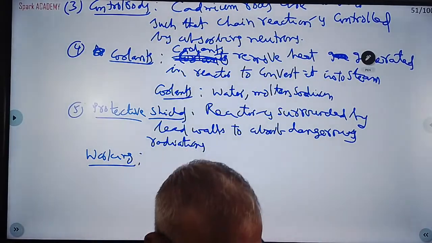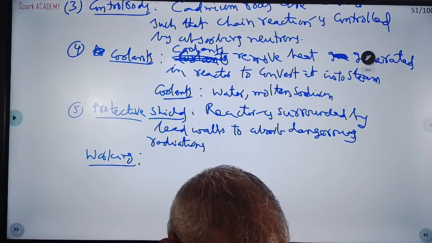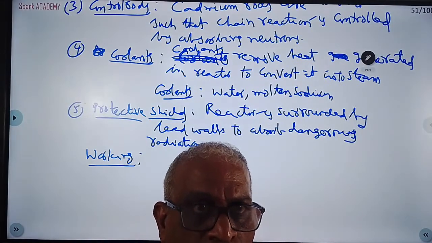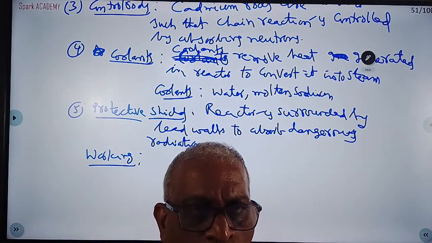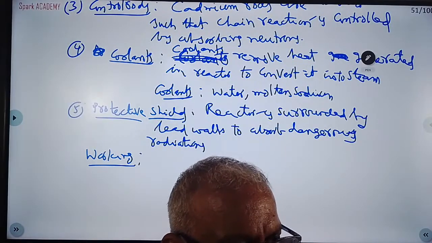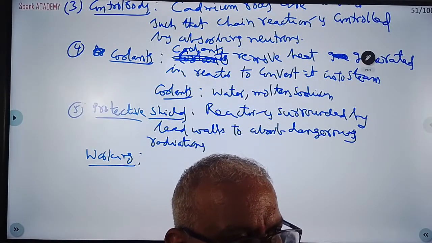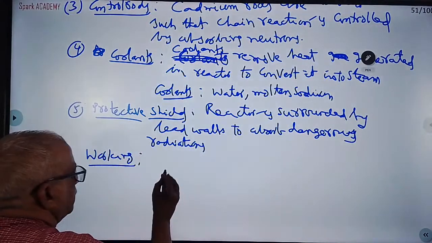Same together. Uranium fuel rods are arranged in aluminum cylinders. Graphite moderator is used to decrease the velocity of neutrons and activate fission. Cadmium rods are used to absorb the excess neutrons, and heat is removed from the reactor. So what will happen in the working?